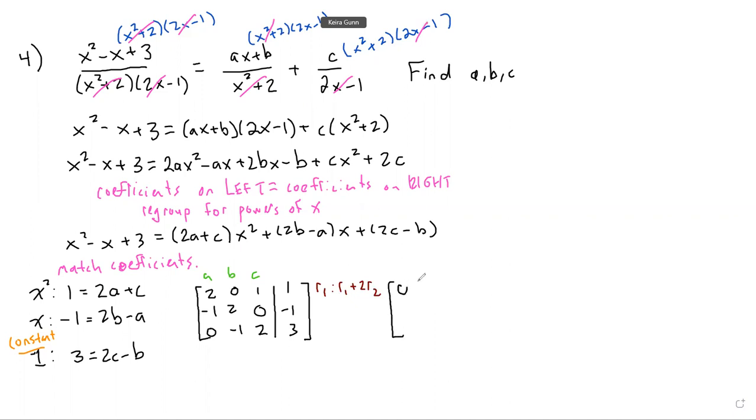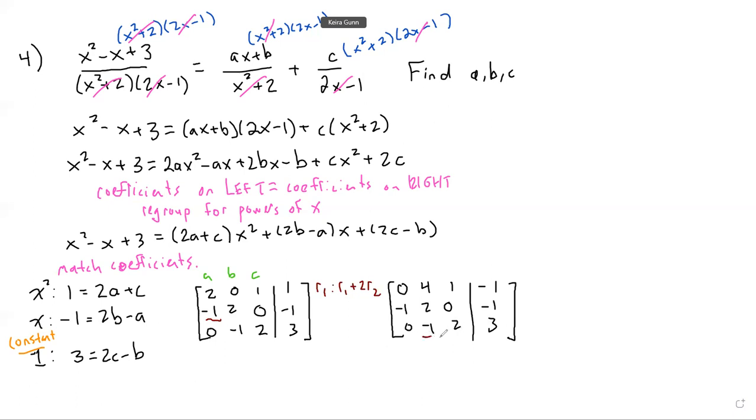That's going to give me a 0, 4, 1, and then 1 plus 2 of -1 will be -1. I haven't done anything to the other rows.